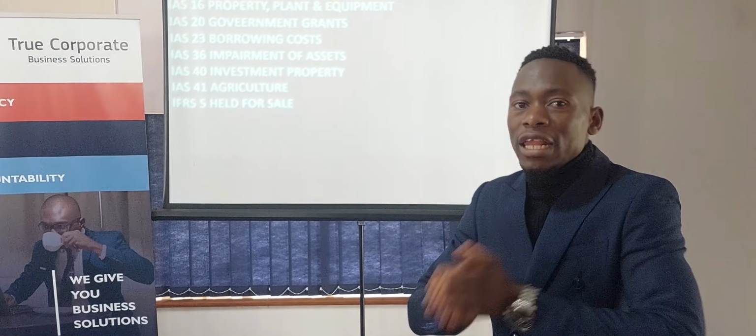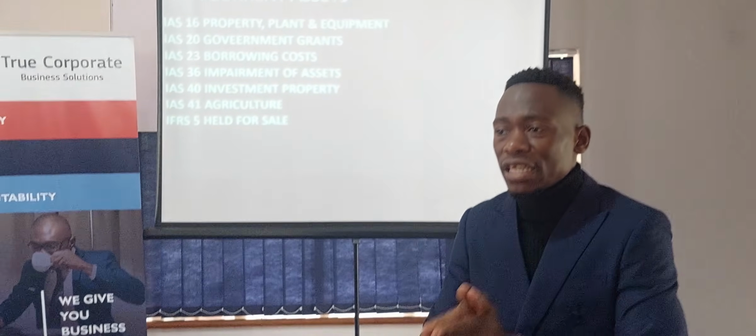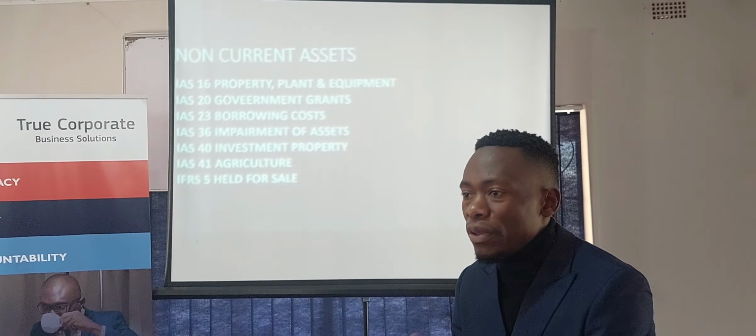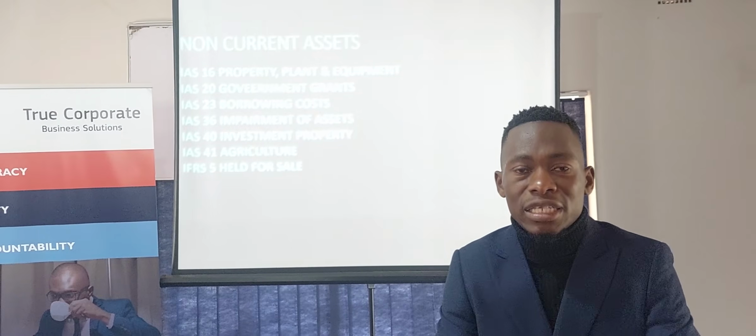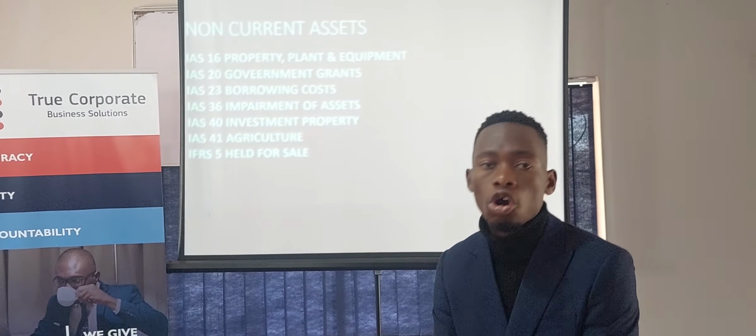So that means let's value correctly. Let's not overstate assets. Let's not overstate our financial position. Therefore, recognize an impairment loss of 100,000 so that the asset will be worth 400 in the books, and that impairment loss will be recognized in the statement of profit or loss.